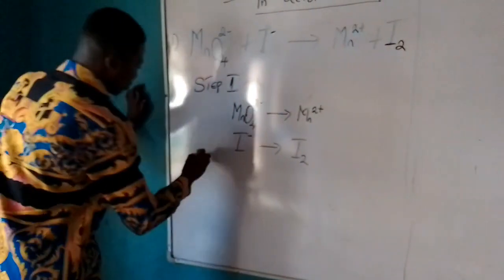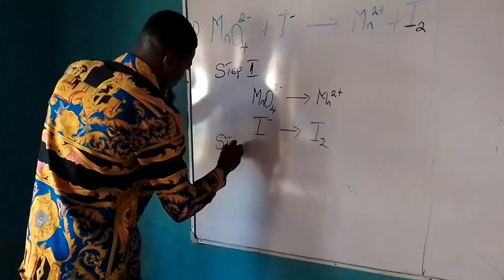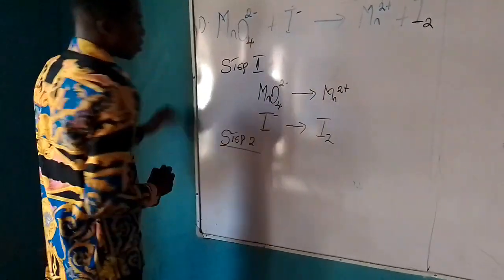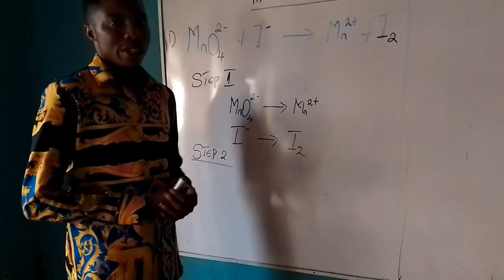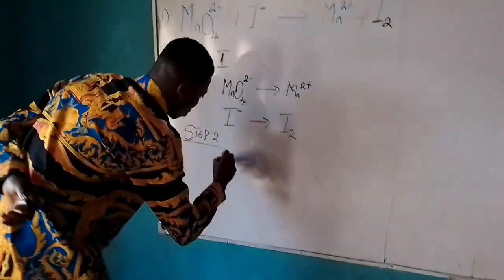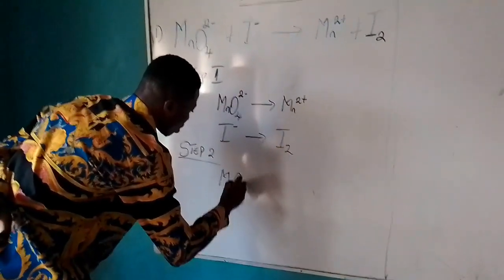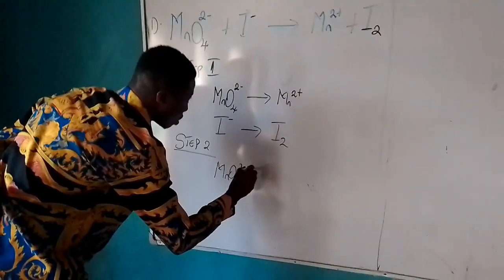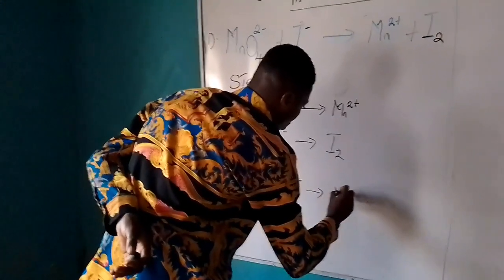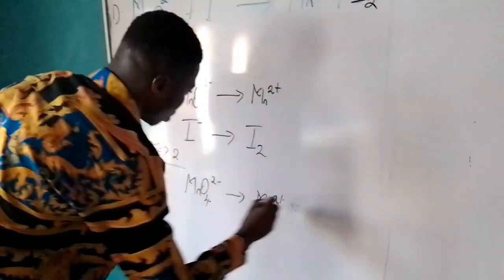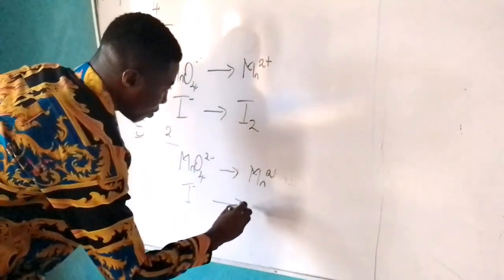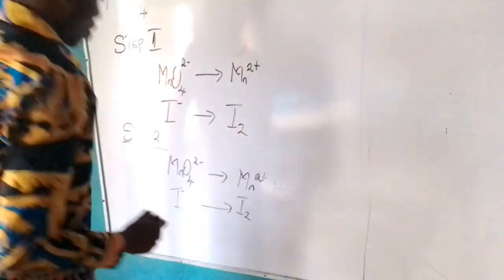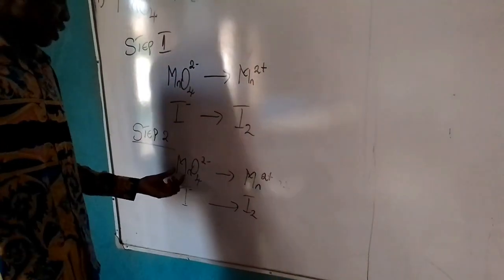Then step 2 is that we should balance these elements. How many atoms of manganese are on this side?